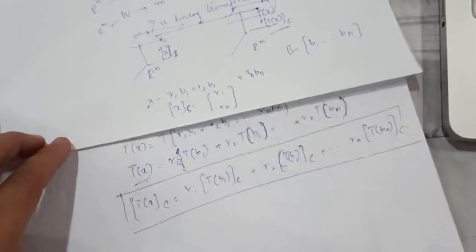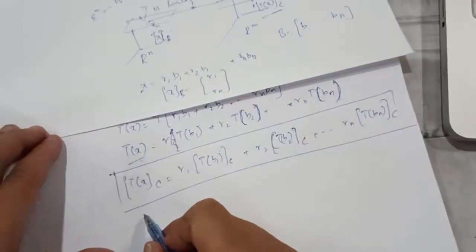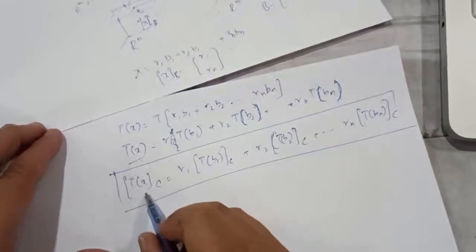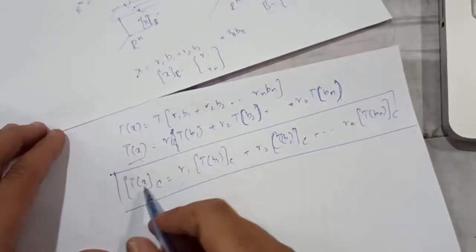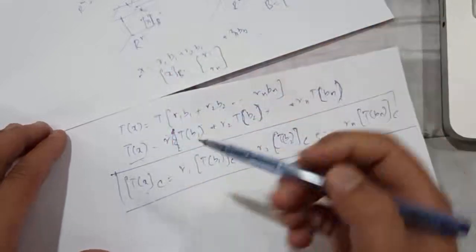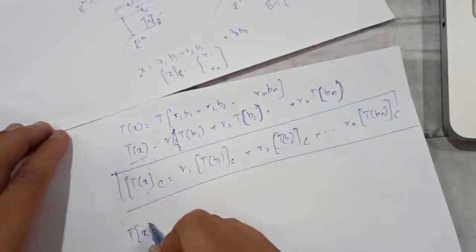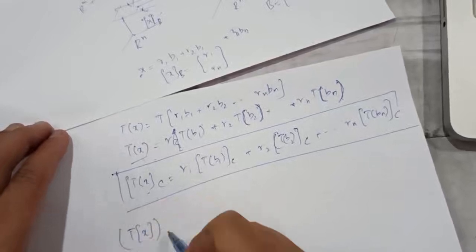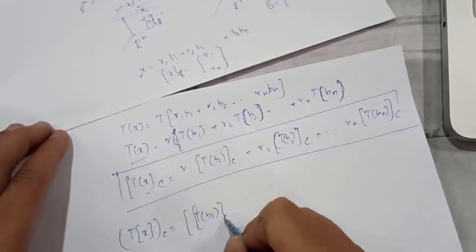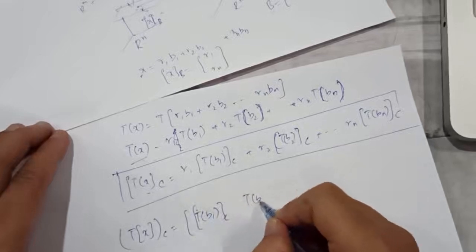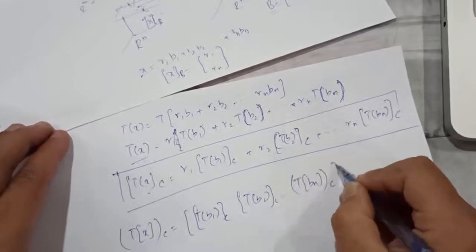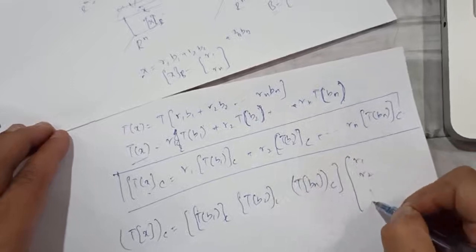So if I want to convert from the basis set in V to the basis set C in W, I can write this as T of x in C equals T of B1 in C, T of B2 in C, and T of Bn in C, and I can write this as R1, R2 up to Rn.